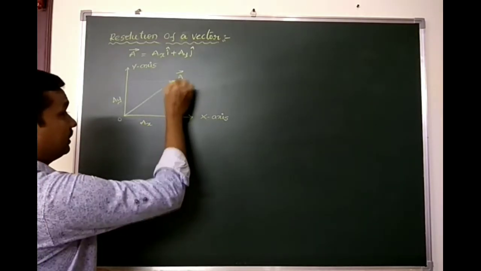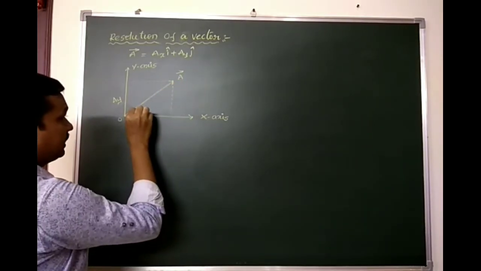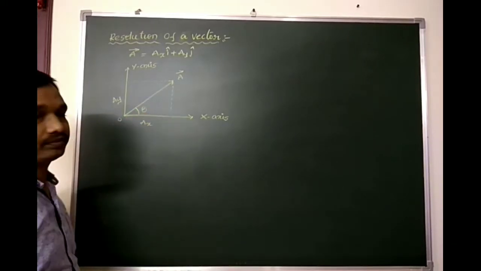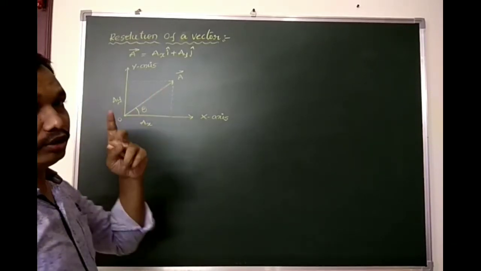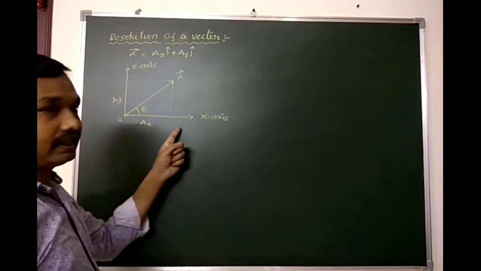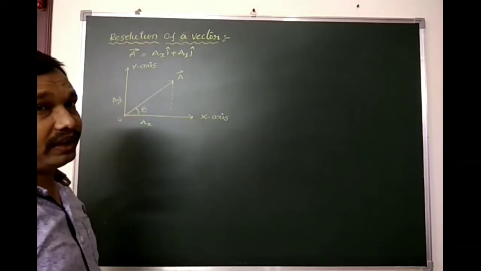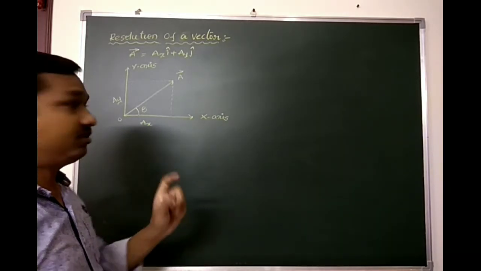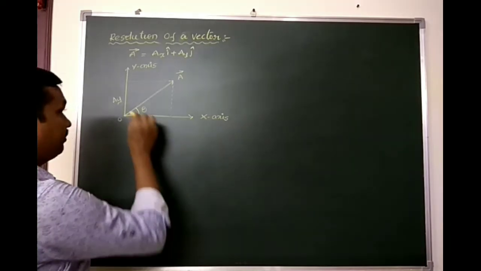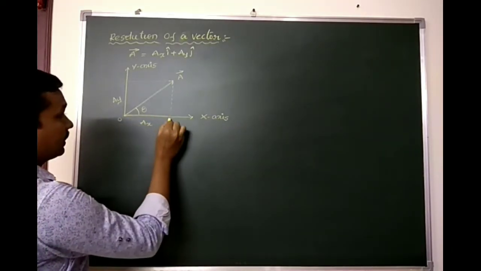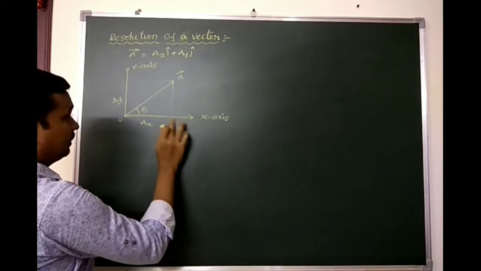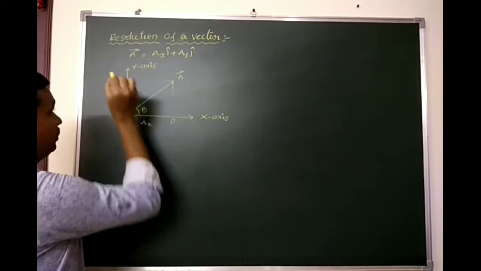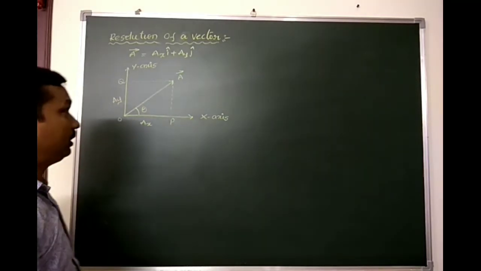This is a vector which is making an angle theta with the horizontal x-axis. This vector is resolved into two components, one along the x-axis and the second along the y-axis. Components must be perpendicular to each other. Here we are going to find this. This is O, this is P, this is Q, I am considering.